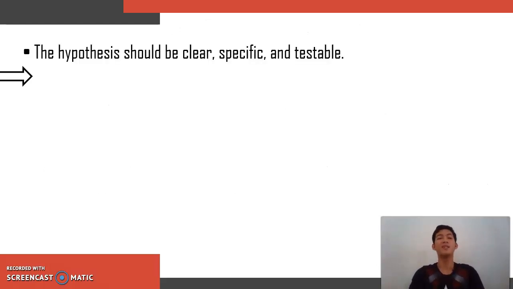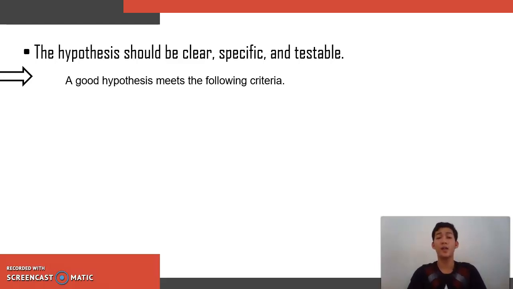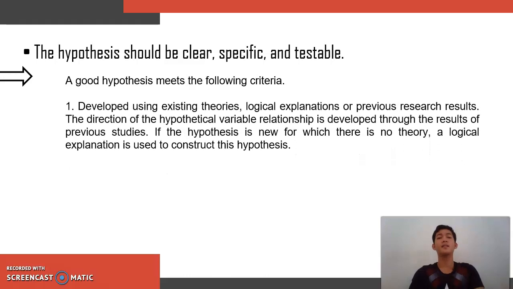Next, the hypothesis should be clear, specific, and testable. What does it mean? It means that a good hypothesis has criteria. First, it is developed using existing theories, so we can give a clear, logical explanation of the concept behind our hypothesis, using a logical explanation or previous research results.